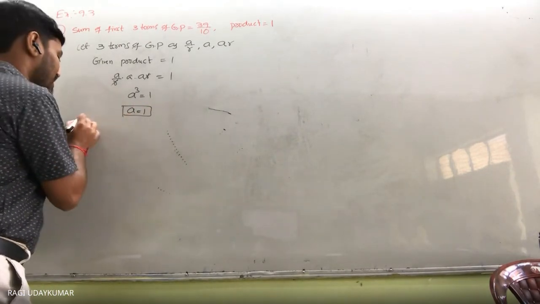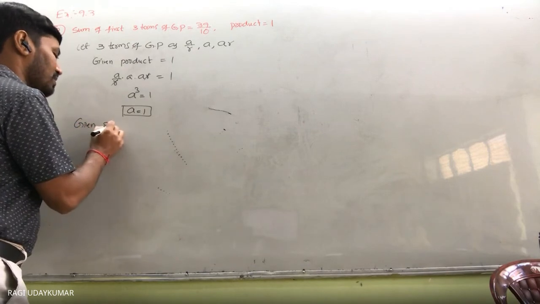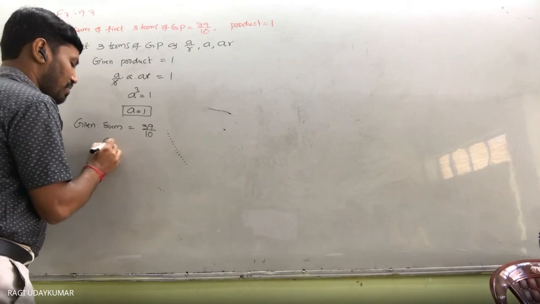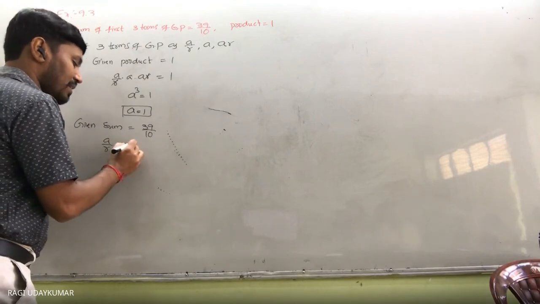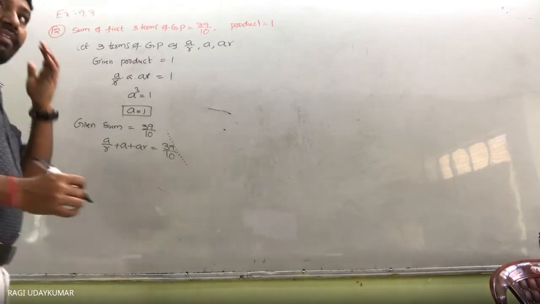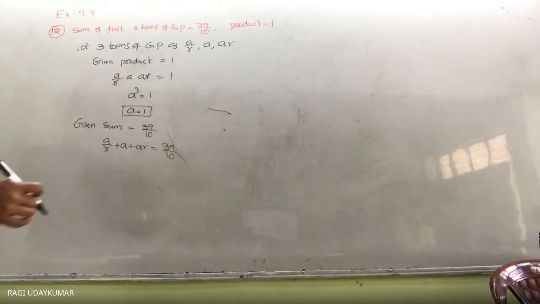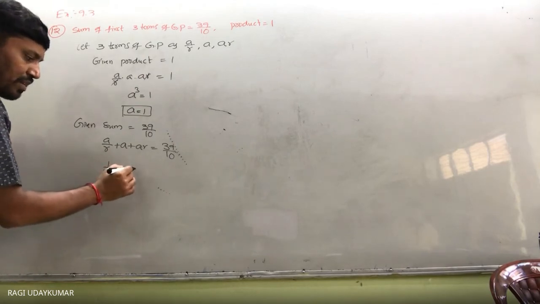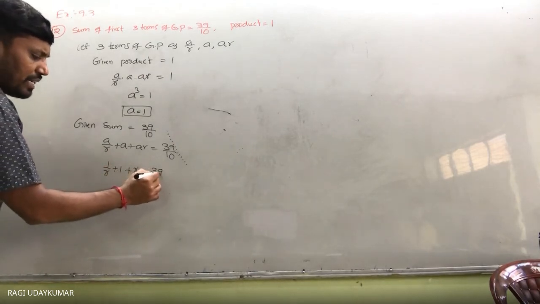Also given that the sum is 39 by 10. So A by R plus A plus AR is equal to 39 by 10. The value of A is 1, so write 1 and simplify: 1 by R plus 1 plus R is equal to 39 by 10.